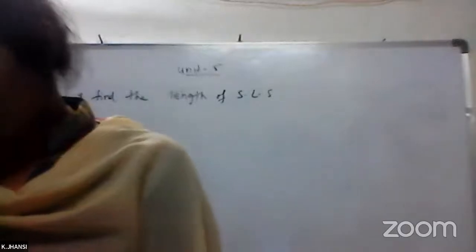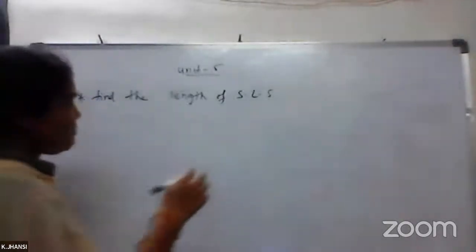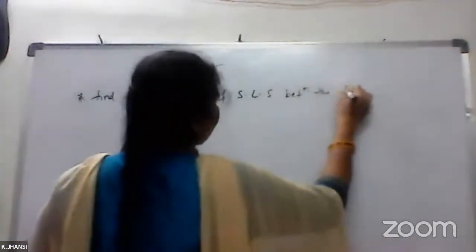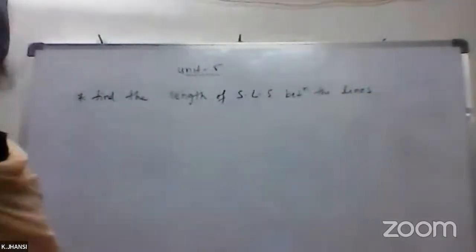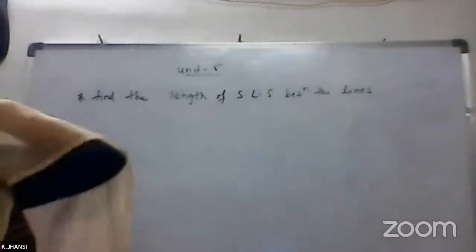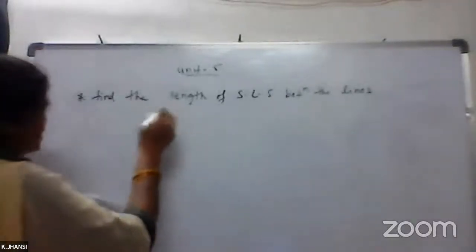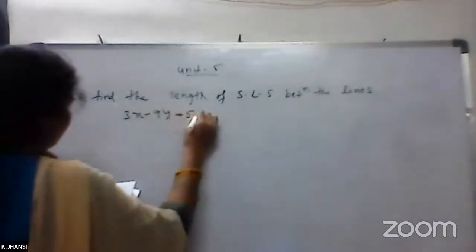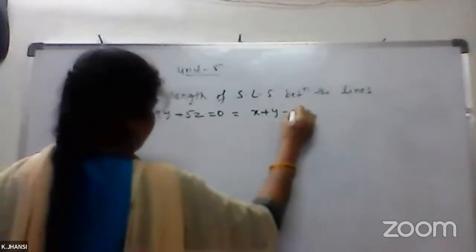So it is question number 12. Find the length of the shortest line segment between the lines and also the equations. So here the equations are 3x minus 9y plus 5z equals to 0 equals to x plus y minus z.